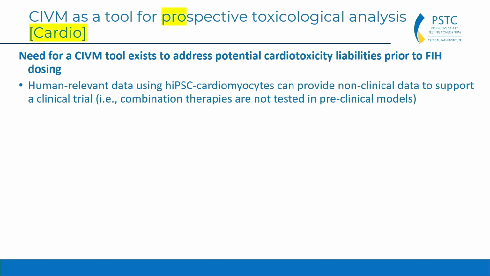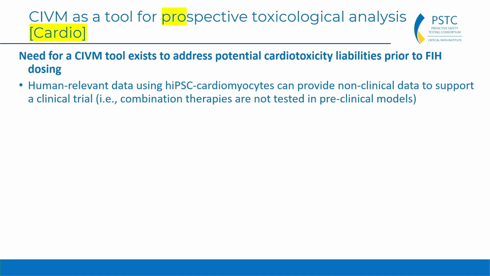Okay, so let's get to our context of use and thinking about unmet clinical need for a CIVM in the cardiac space. And so we really thought about it in the prospective toxicological analysis. We saw from the Dilly example that they talked about de-risking in the retrospective realm. And here we really wanted to use the prospective example of saying there's a need for a CIVM tool to address potential cardiotoxicity liabilities prior to first-in-human dosing.